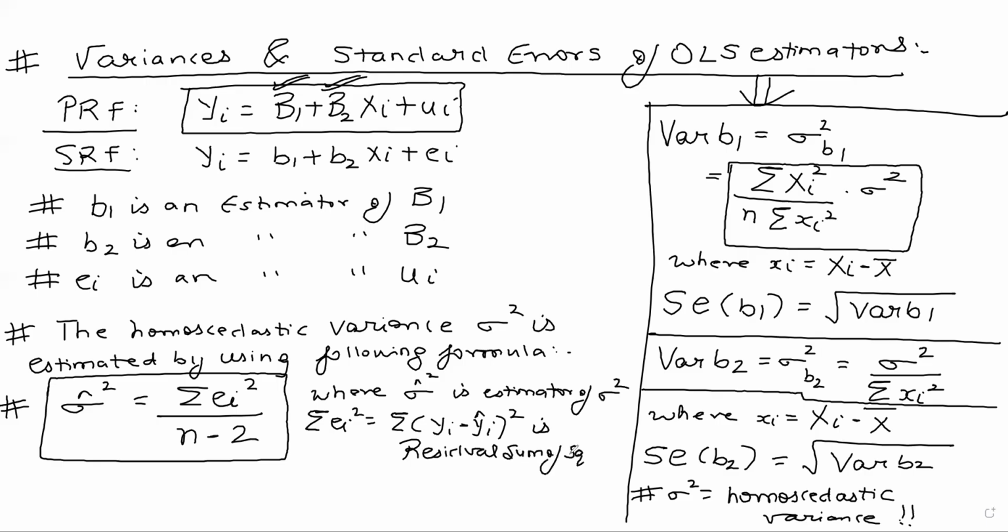It is the difference between the actual and the estimated y from the sample regression. And what is n minus 2? N minus 2 is nothing but my degrees of freedom, DOF, that is the number of independent observations.